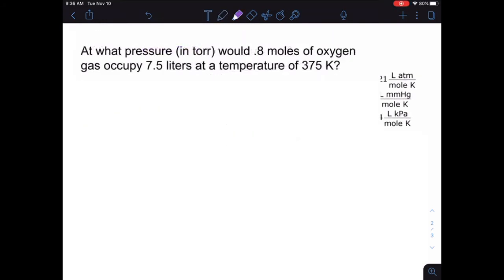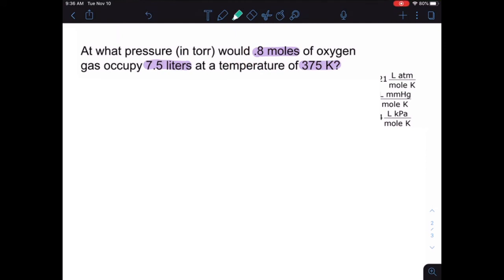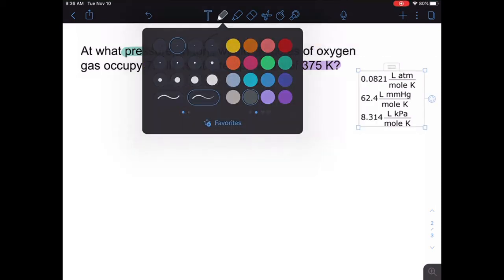One more example. This one says, at what pressure would 0.8 moles of oxygen gas occupy 7.5 liters at a temperature of 375 Kelvin? So this time we are solving for pressure, and specifically it asks for pressure in torr, and that is important information. So let's look at our formula.